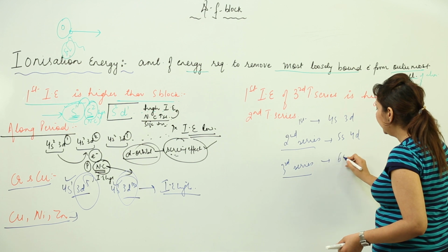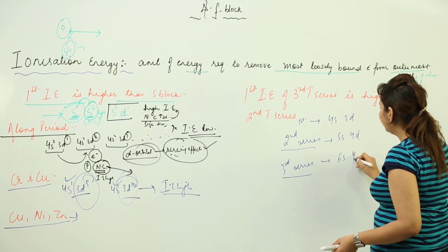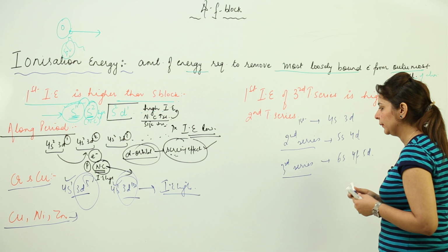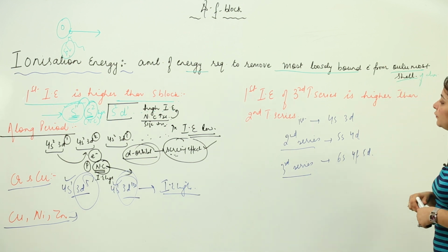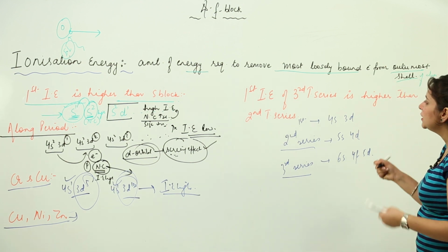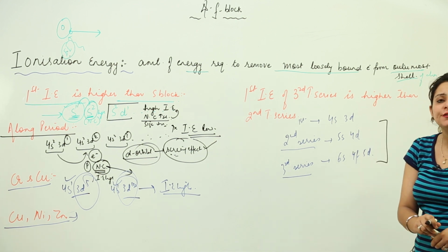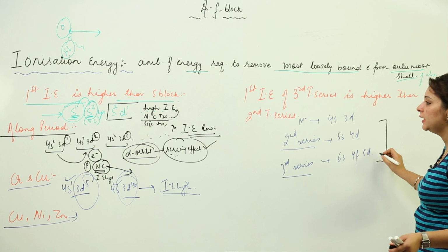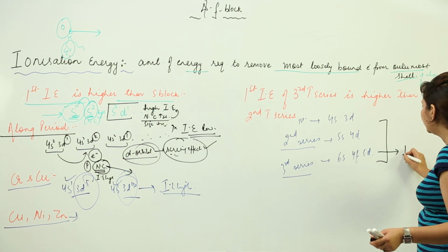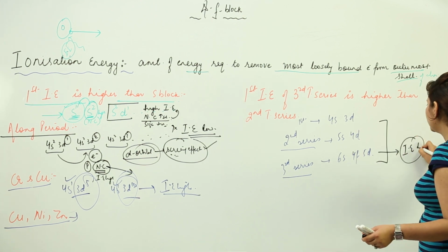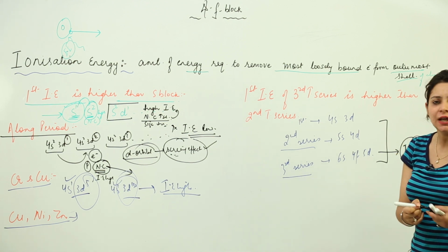In the third, there is a filling of 6s, 4f and 5d. So if we compare the ionization energies of the second and the third transition series, we know that the third transition series should have the low ionization energy.